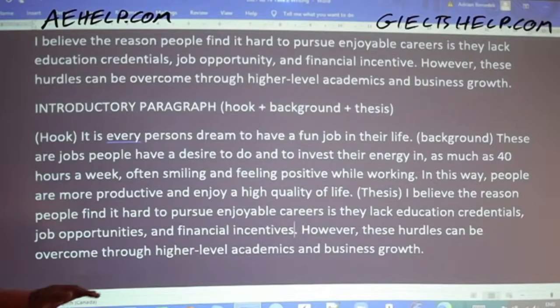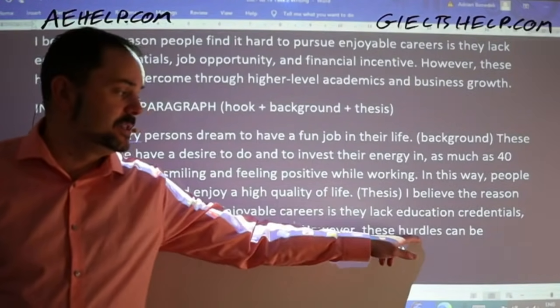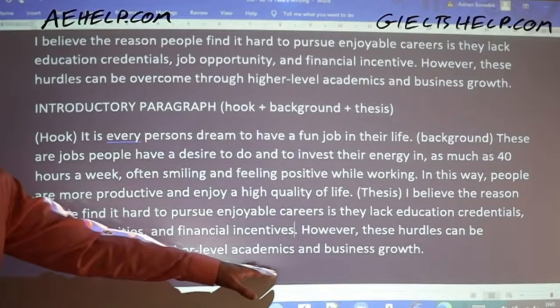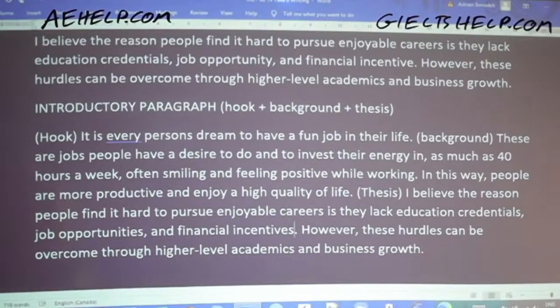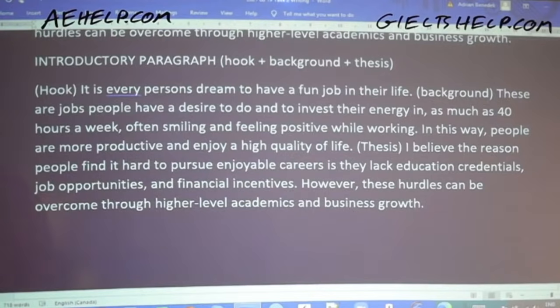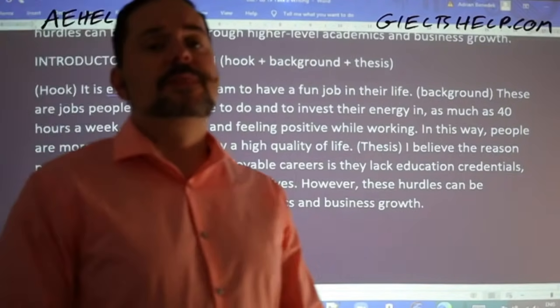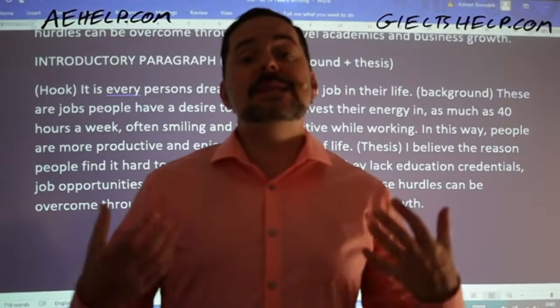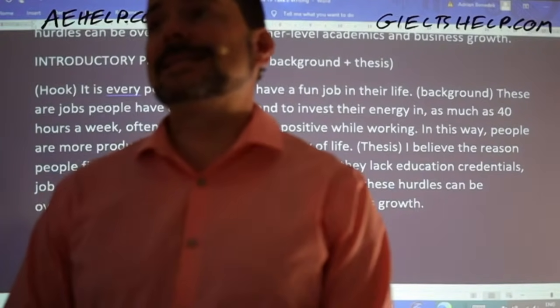However, these hurdles, which is another way to say challenges, can be overcome through higher level academics and business growth. Looking good. So that would be your Band 9 introduction for this question. And now you're off to the races.